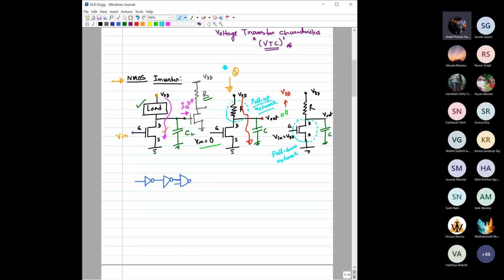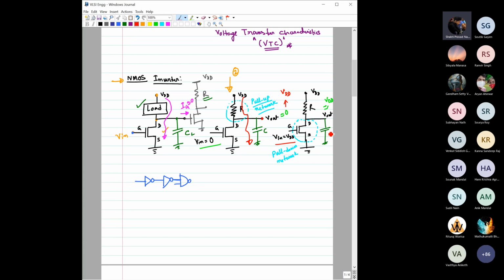Similarly, if you consider the other case, say here V out initially is now fully charged to VDD, right? Now we are applying a voltage V in equal to VDD. So that means you have completely turned on this transistor.